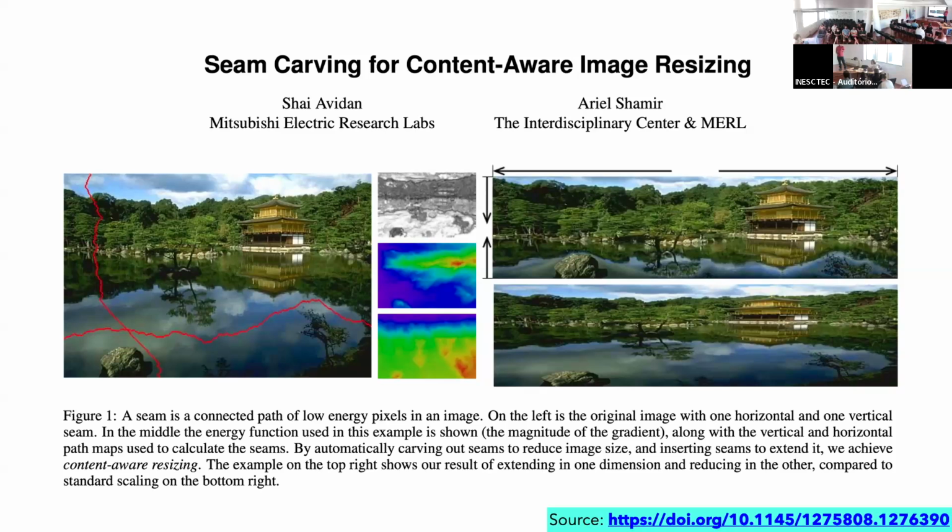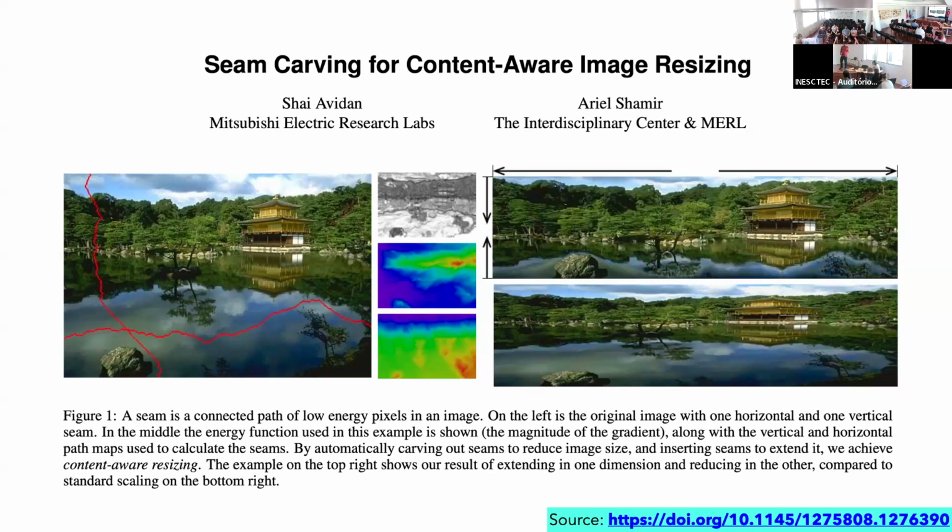But this paper led to a lot of other applications, which I'm going to show you in a few slides. But pretty much it searches for seams, these red pixel paths that you can see. They're optimal. You need to find them optimally. And then by inserting or removing them, you can change the image aspect for any kind of application.